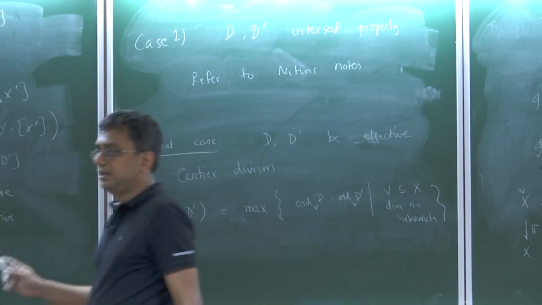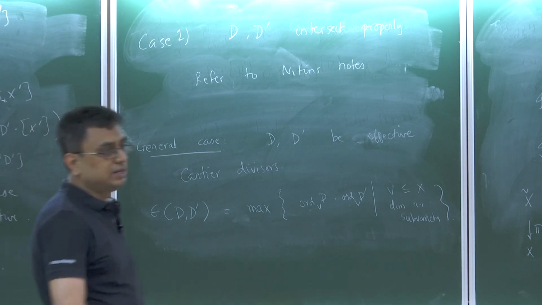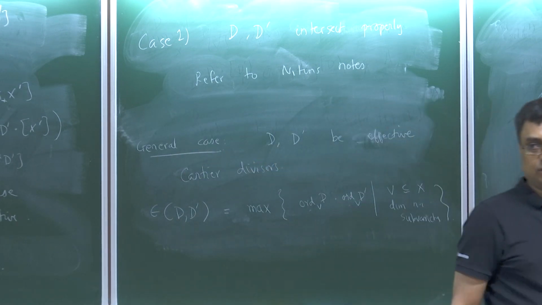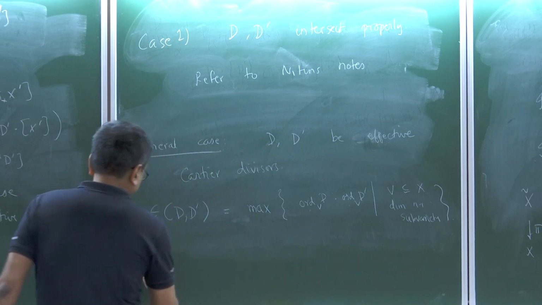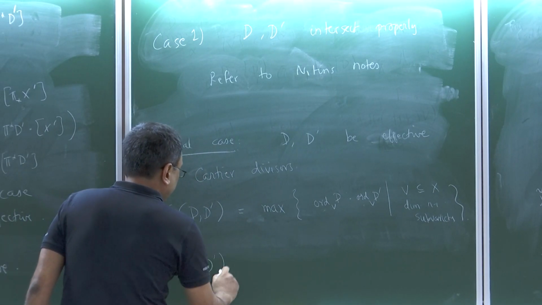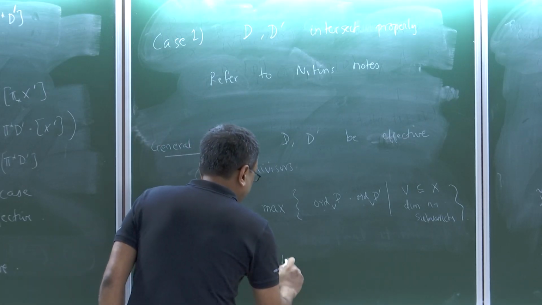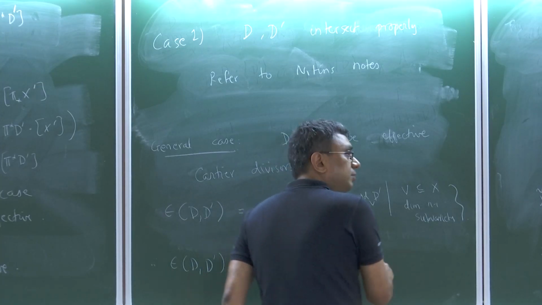And if for any n minus 1 dimensional variety, either the order of D at V or the order of D prime at V is 0, it means there is nothing common of dimension n minus 1 in the intersection, and that means they are intersecting properly, right? Therefore epsilon of D, D prime equals 0 if and only if D and D prime intersect properly.